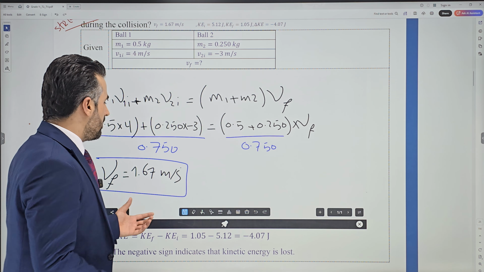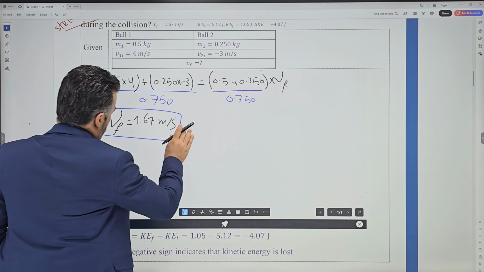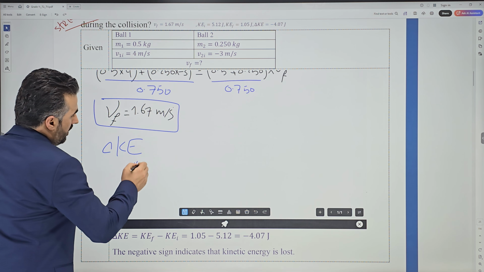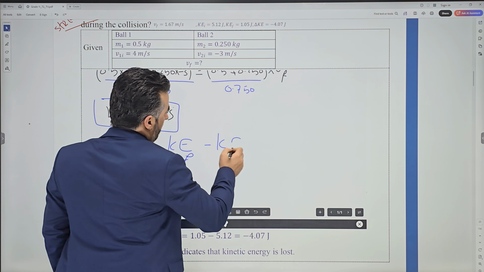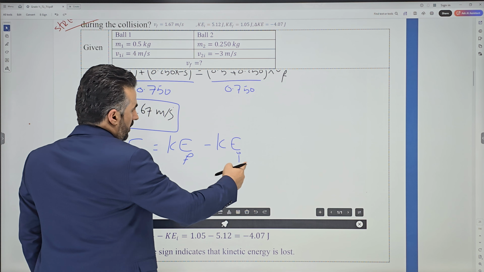Now, how do you find the lost kinetic energy? We're going to use this equation. The kinetic energy lost is the kinetic energy final minus kinetic energy initial, after the collision minus before the collision.